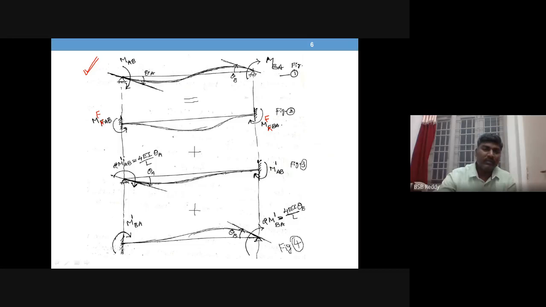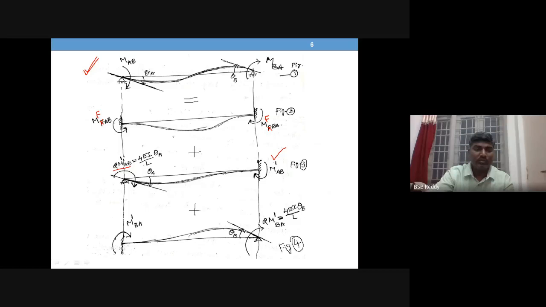So 2 times M dash AB I'm writing, because half the value is going to be carried to the far end. Instead of writing this as M dash AB and this as M dash AB divided by 2, to avoid that divide by 2, I'm taking this as 2 times. So half is nothing but M dash AB.